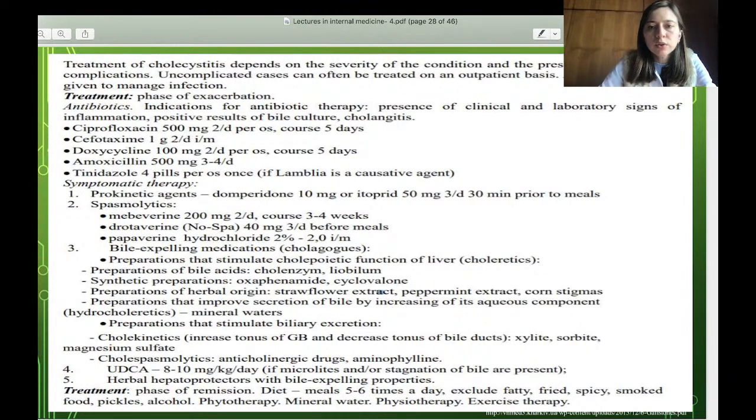And treatment during the phase of remission. Diet: meals 5-6 times a day, exclude fatty, spicy, smoked food, pickles and alcohol; phytotherapy, mineral water, physiotherapy and exercise therapy.